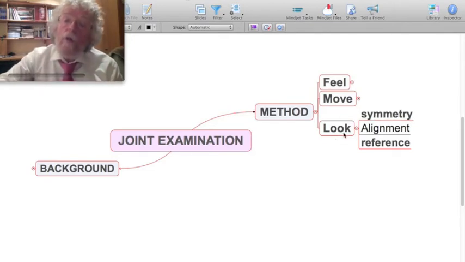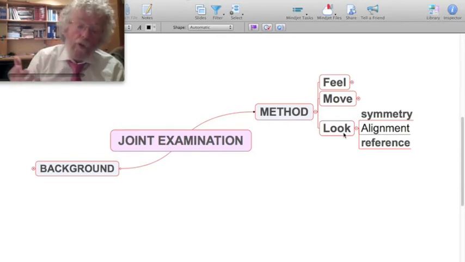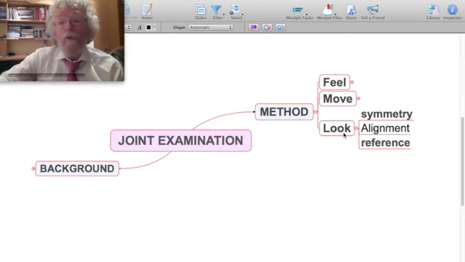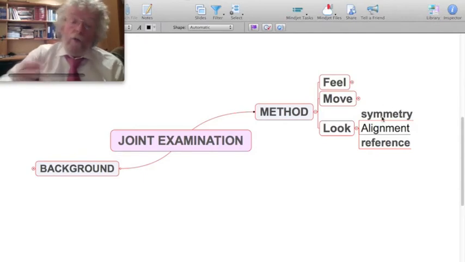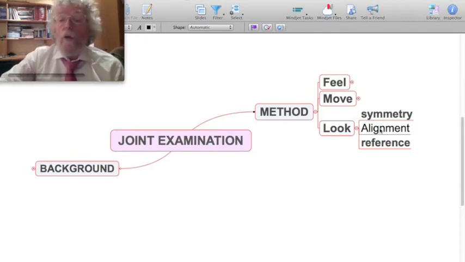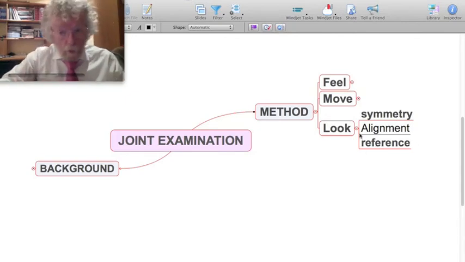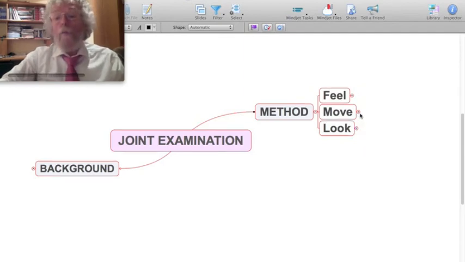Now, one of the advantages of most peripheral joints is that you have a corresponding joint on the other side, and for most of you, you will have a reference normal joint that one can refer to when looking for range of movement, etc. So you look for symmetry with the joint on the corresponding side, alignment of the joint, and one can refer for many of these things to your own or to the joint on the other side.